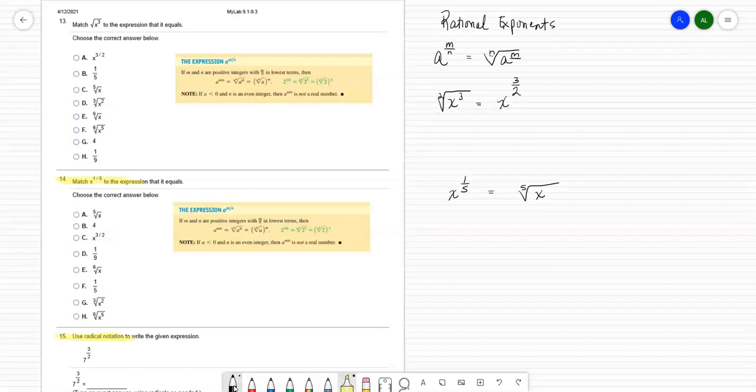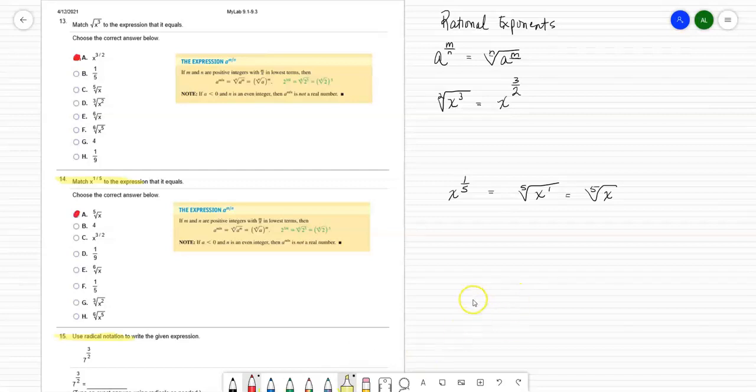So the denominator is 5, so that's the 5th root. And our numerator is our exponent. So we can simplify that. That's the same as the 5th root of x. So for number 13, I guess we would select the correct answer here, and that would be A. And for number 14, we would select the correct answer, which is A as well.